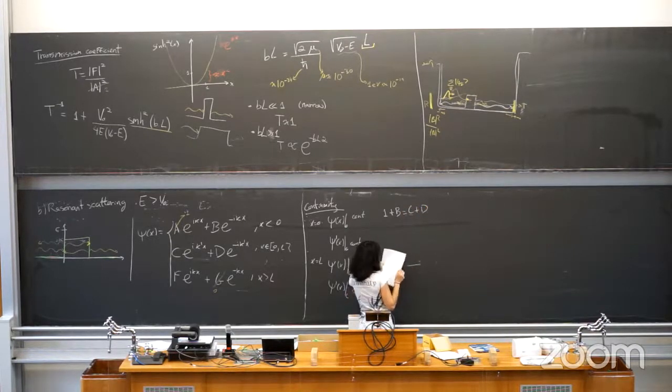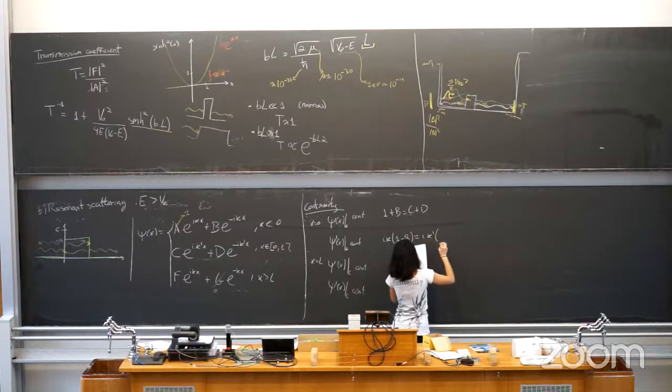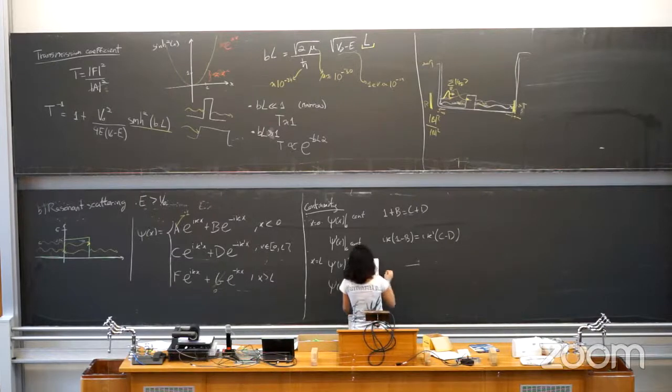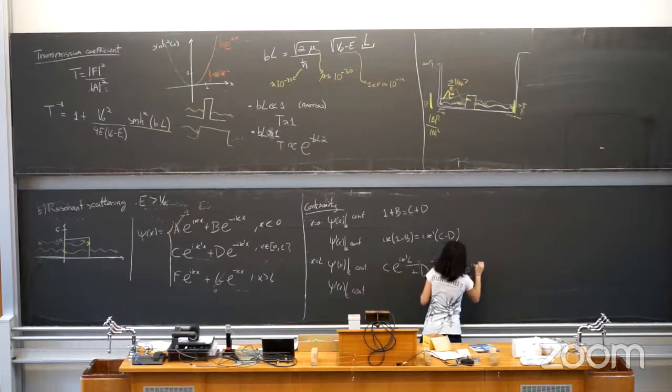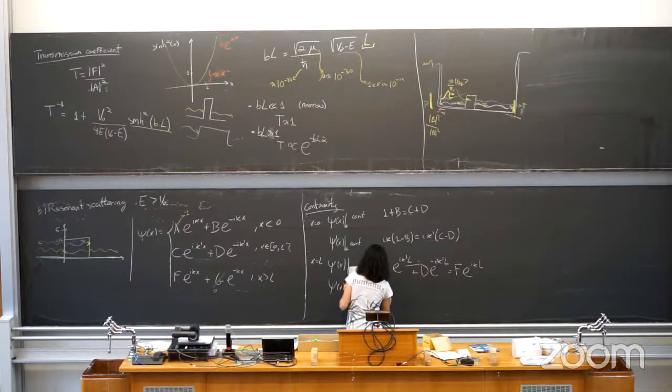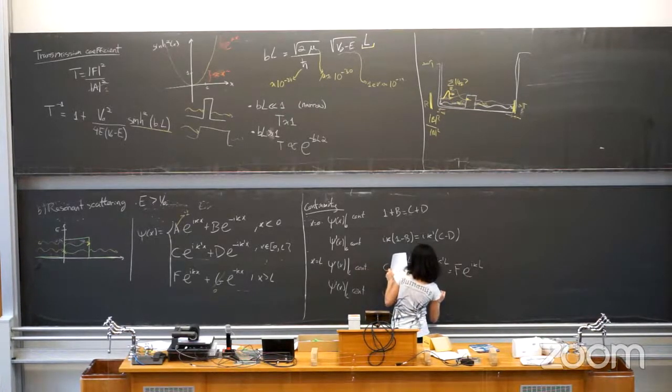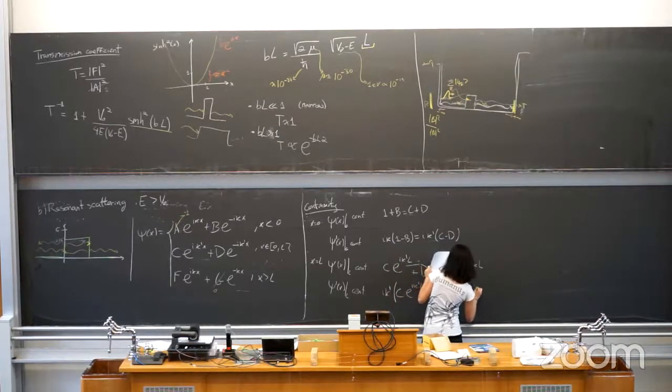From the second one, now we get i k times 1 minus B equals i k prime times C minus D. Here we need to group these two, so we get C e to the i k prime L plus D e to the minus i k prime L equals F e to the i k L. And here we take the first derivative of these two.